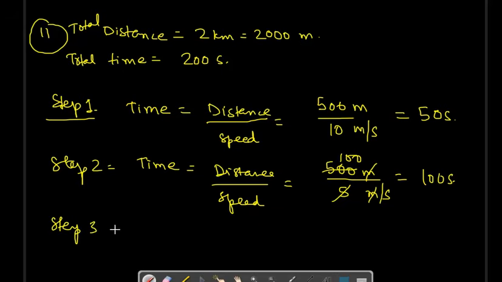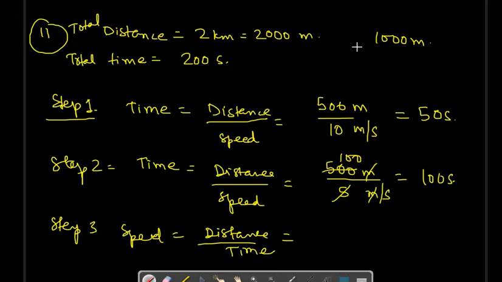Step 3. The speed required to cover the remaining 1000 meters. Because 500 meters and 500 meters it has covered, the remaining is 1000 meters. For 1000 meters, we have to find the speed. Speed will be distance upon time. The distance that needs to be covered is 1000 meters.